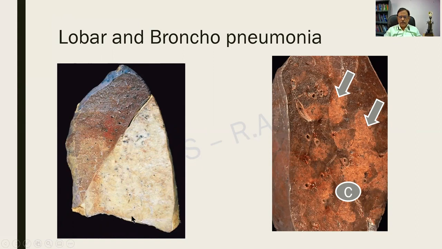You find that the entire lobe is somewhat gray or grayish white and it is solid, liver-like. Whereas in a bronchopneumonia, it is patchy. There is intervening normal tissue. And in some areas, they have coalesced to form larger irregular map-like areas, and C stands for consolidation. Patchy areas of consolidation, whereas here the entire lobe is consolidated.